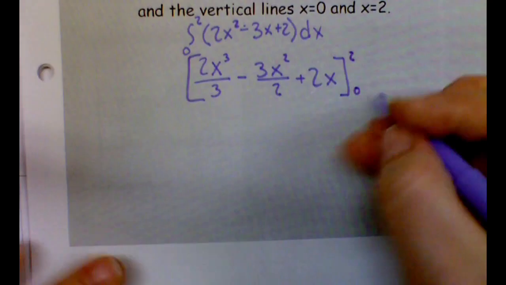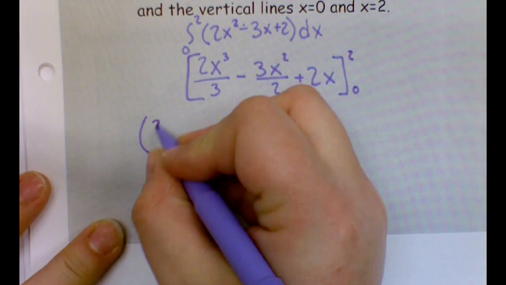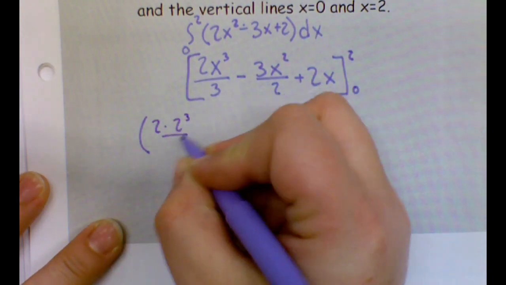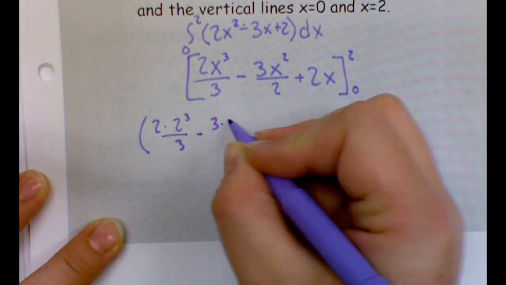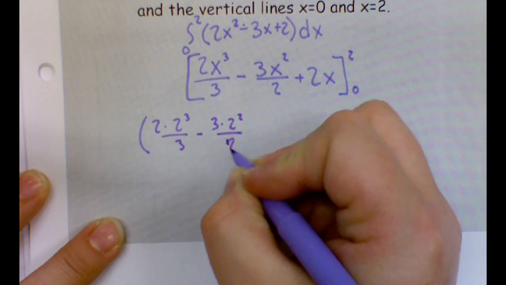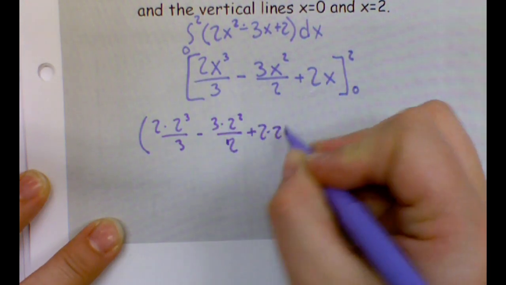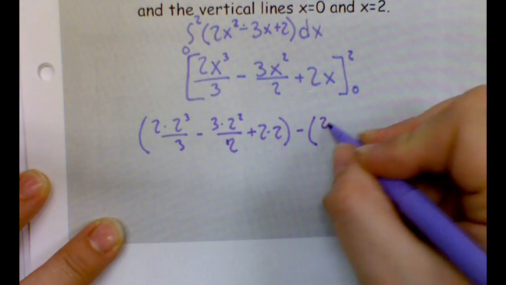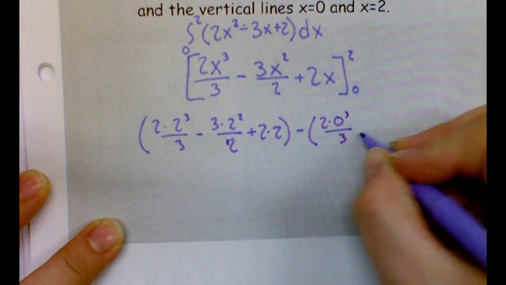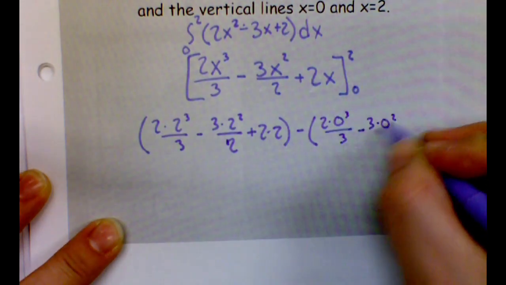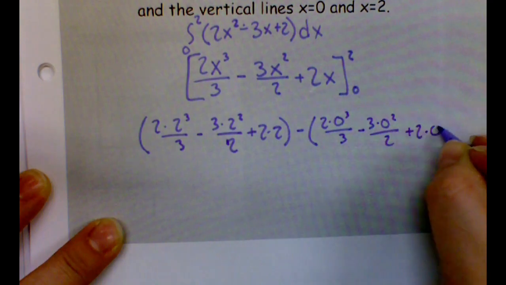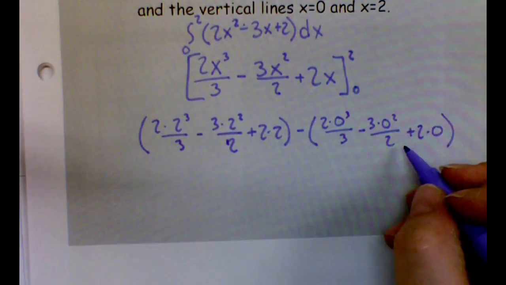And then we plug in 2. So we have 2 times 2 cubed over 3 minus 3 times 2 squared over 2 plus 2 times 2, minus 2 times 0 cubed over 3 minus 3 times 0 squared over 2 plus 2 times 0. That whole side is 0.